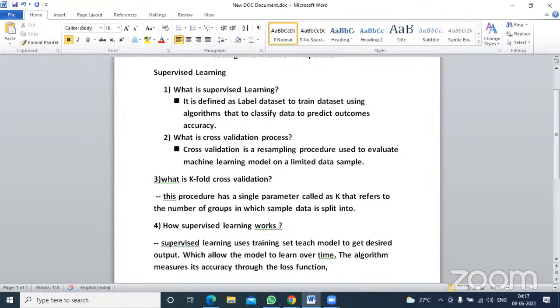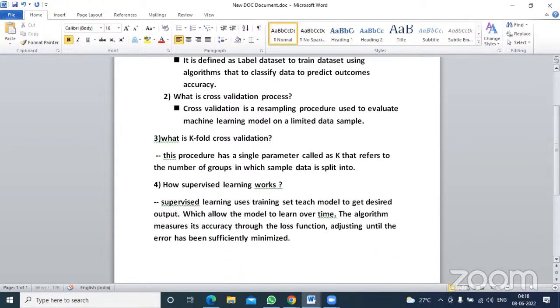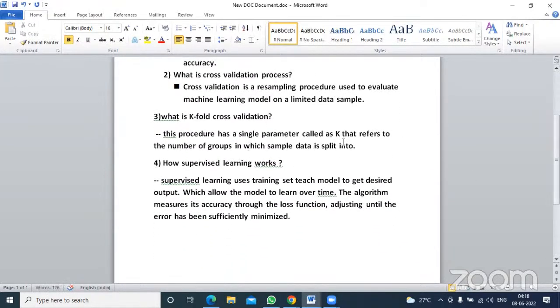And how it works, it keeps on adjusting until the error has been sufficiently minimized. Okay, this is how supervised learning works.